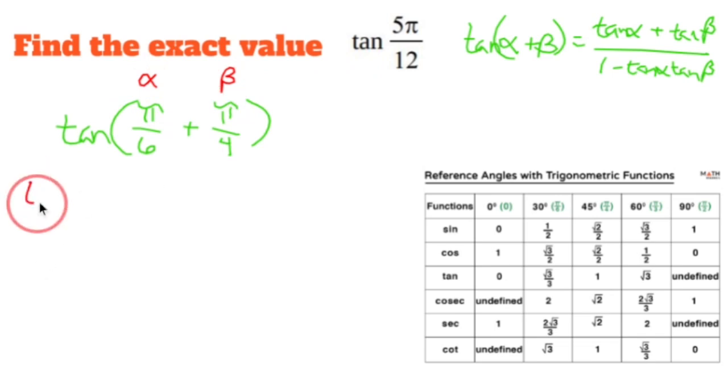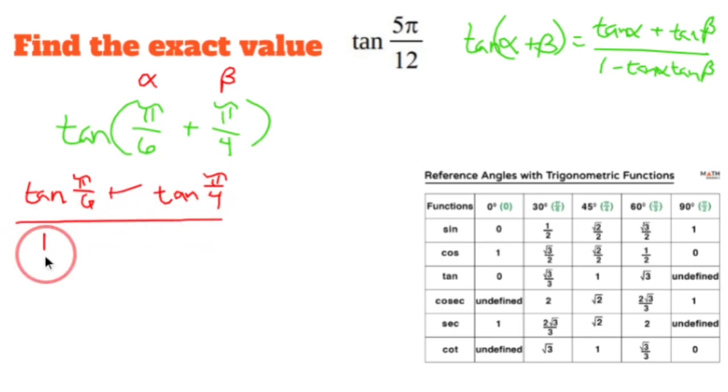This gives me tan pi over 6, something that I can do because of all this stuff over here, plus tan beta, which is tan pi over 4, all over 1 minus tan alpha, which is pi over 6, times tan beta, which is pi over 4.